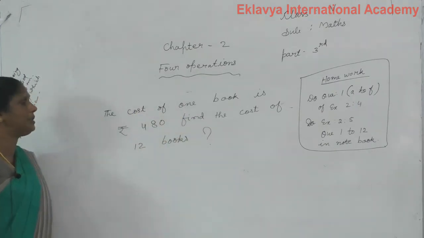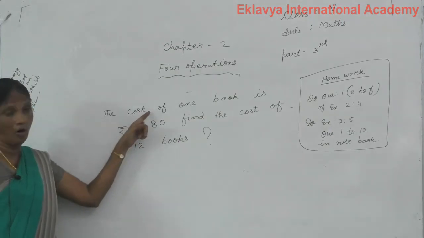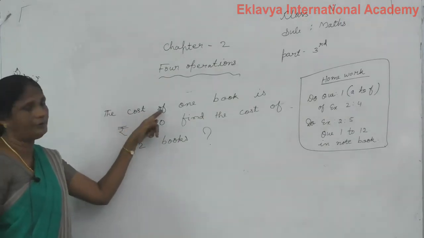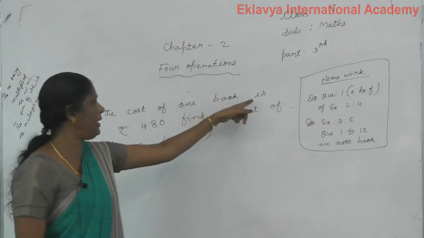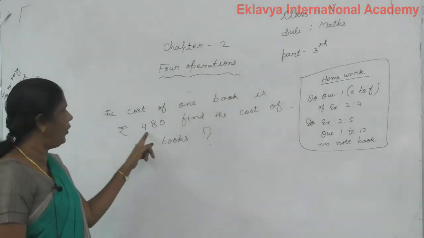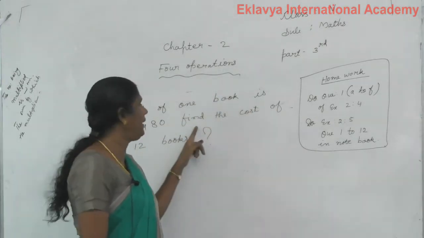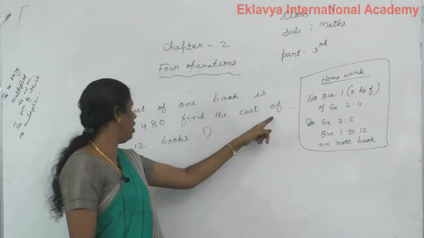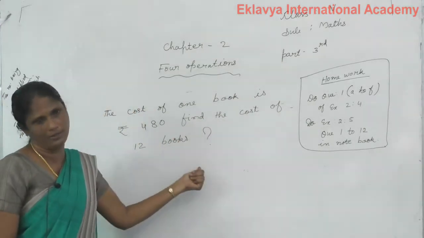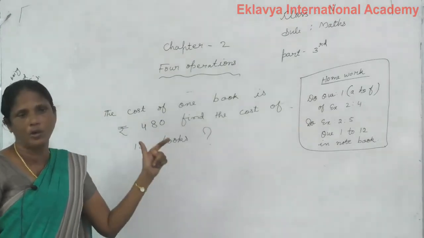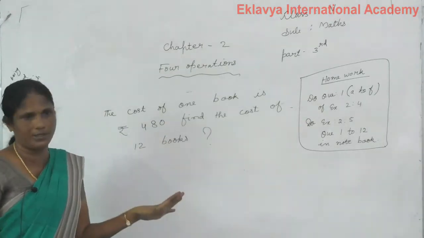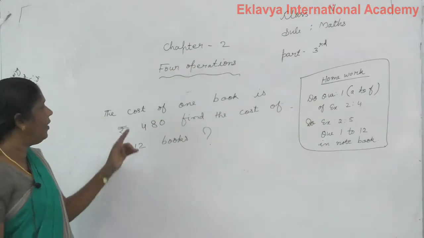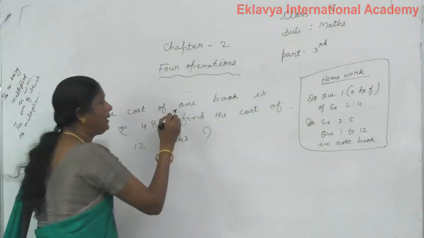First you read the question. The cost of one book is rupees 480. Find the cost of 12 books. Understand the question?